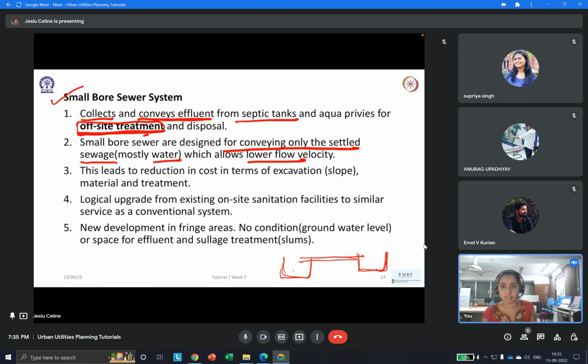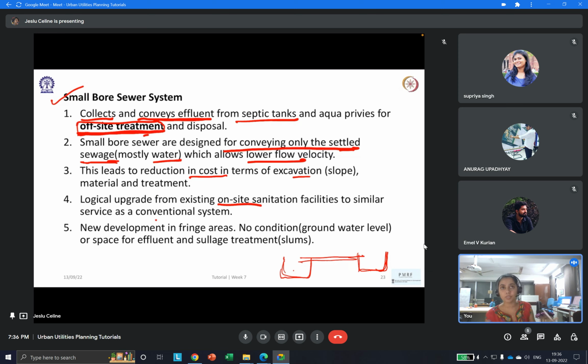It is an off-site system, but it does not carry the whole thing outside, it's designed for conveying only the settled sewage. So this helps in reducing cost, mainly the excavation, slope, material and treatment, because only a part of it is taken. So basically it's an upgrade from the on-site system, but it is not to the level of the conventional system. So it's somewhere in between.